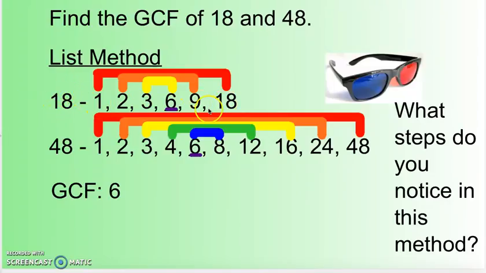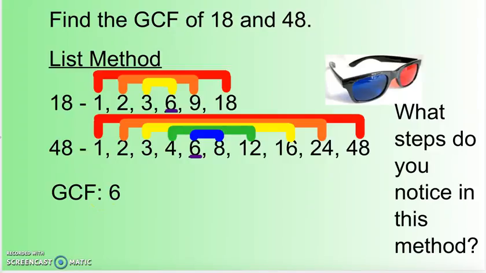So 1 times 18 gets us to 18, 2 times 9, 3 times 6. And then these are all the factors or numbers that we can multiply together to get 48. And 6 is highlighted because that is the greatest one they share together. They share a 1, they share a 2, they share a 3, and they share a 6, and 6 is the largest one. So that is called the greatest common factor.